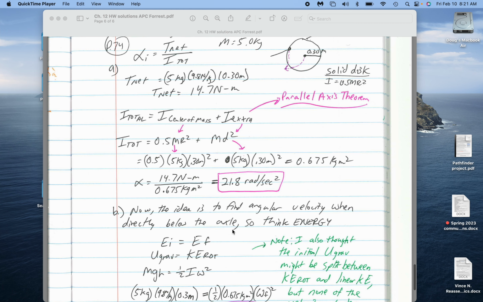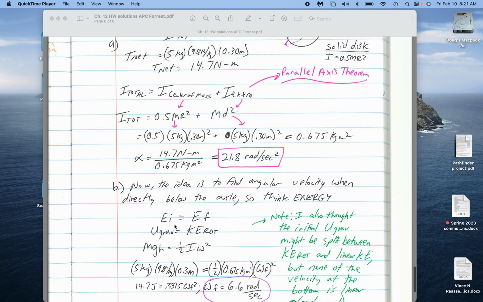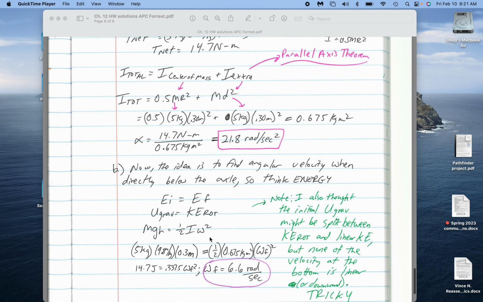The second part is to find the angular velocity when it's directly below the axle. So this is going to be rotating around here. Now, this actually is an energy problem, is the easiest way to think about it. EI equals EF, so you're going to have a loss of gravitational potential energy, a gain in kinetic rotational energy. I initially thought this would be a sum of rotational kinetic energy and linear kinetic energy.